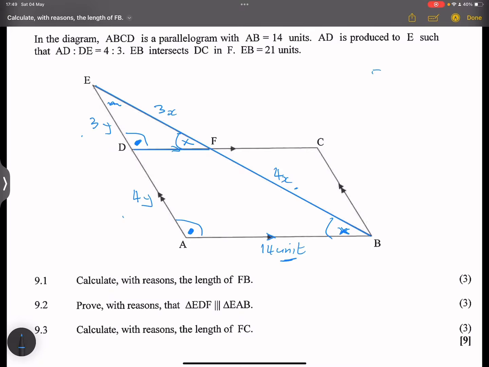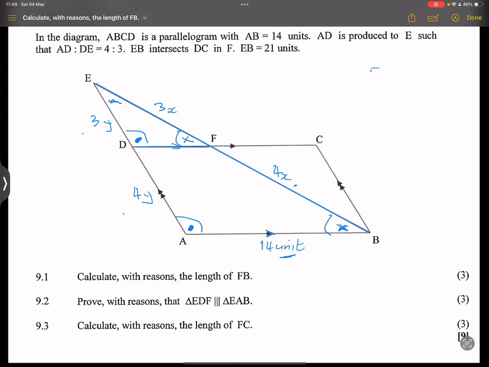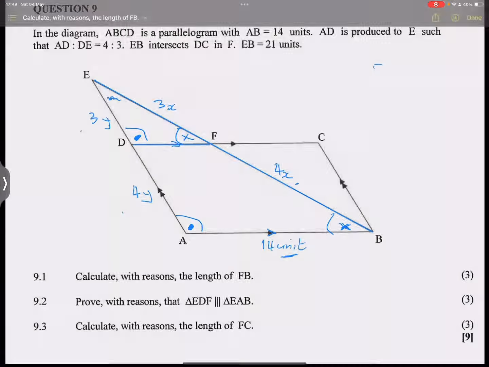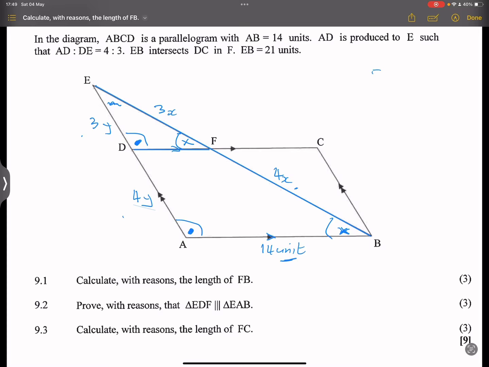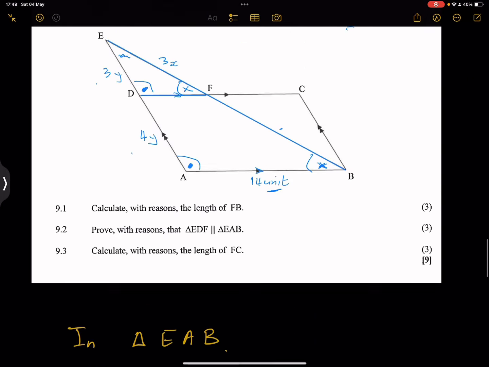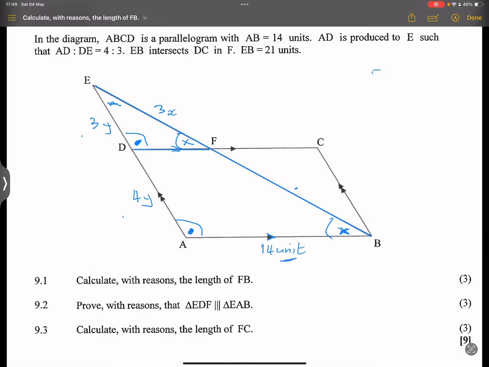Please note, we found the size of FB, right? So I'm going to use size FB. Actually, no, the entire side EB was 21 units, but this one was, what was it? 12 units rather. So we found that to be 12 units over there, right?